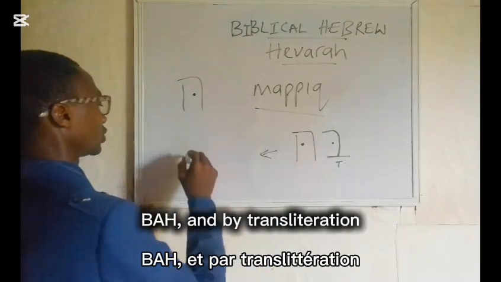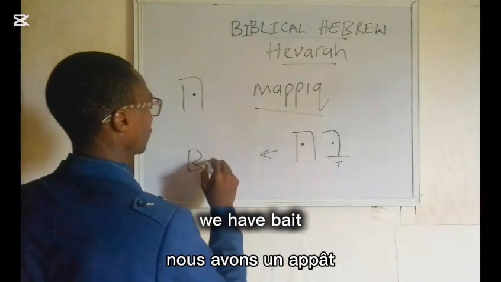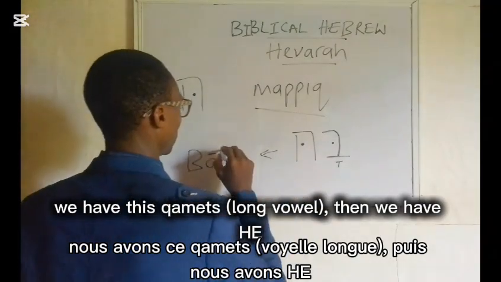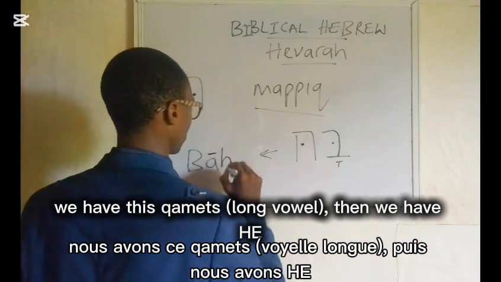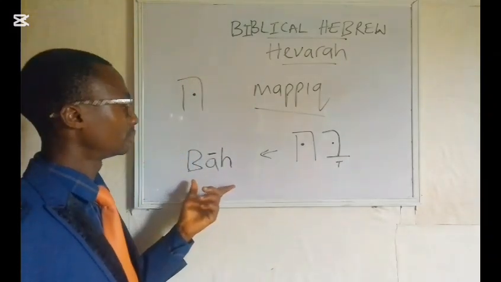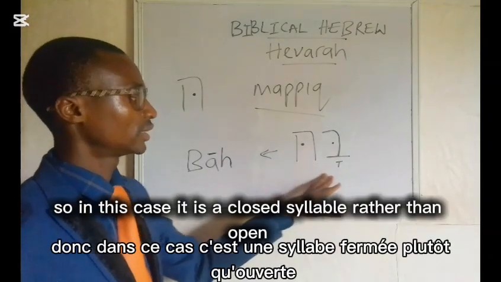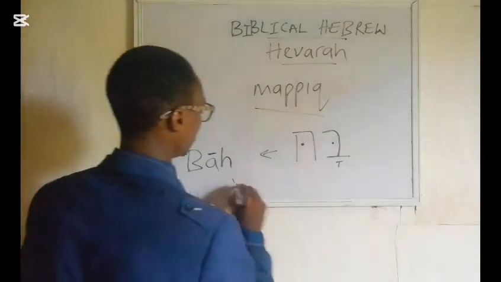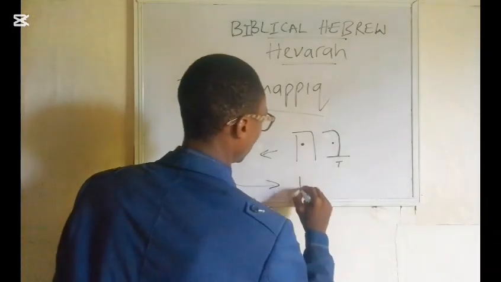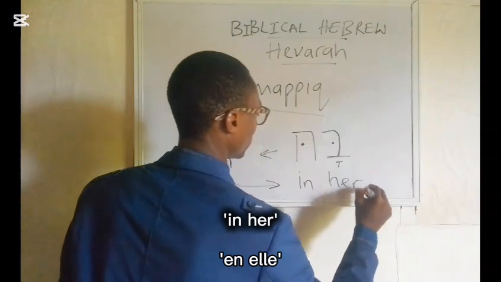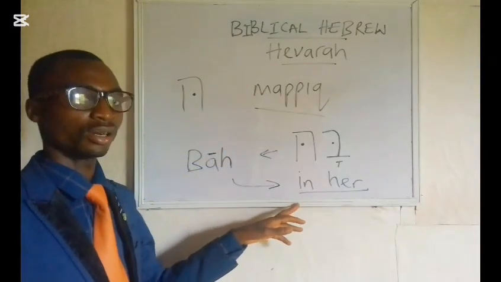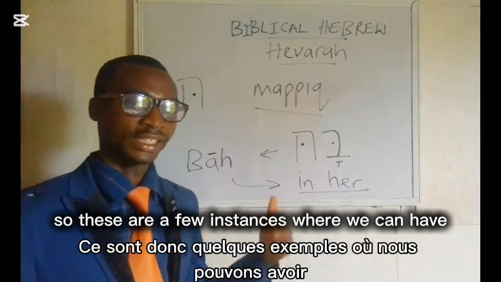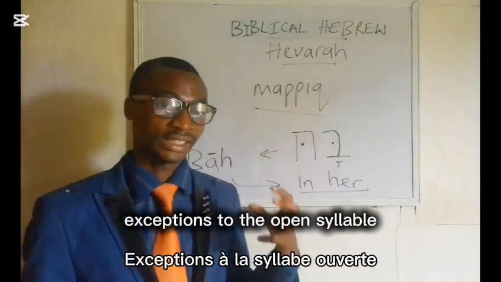By transliteration, we have bet, kamets, then we have he with mappiq. So in this case, it is a closed syllable rather than an open syllable, and it means in her. So these are a few instances where we have exceptions to the open syllable.